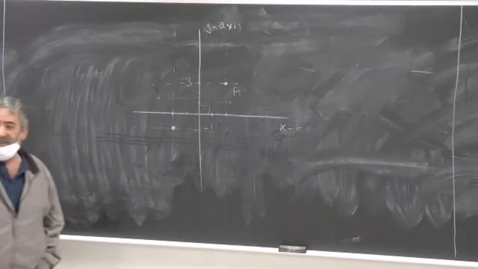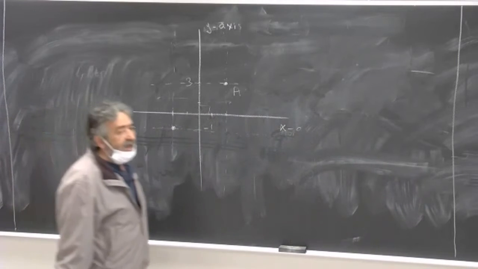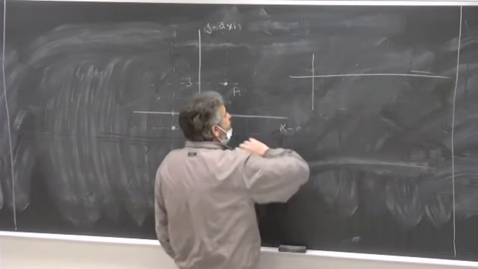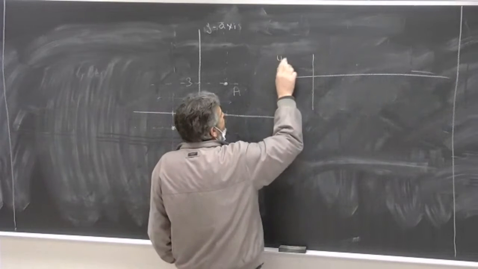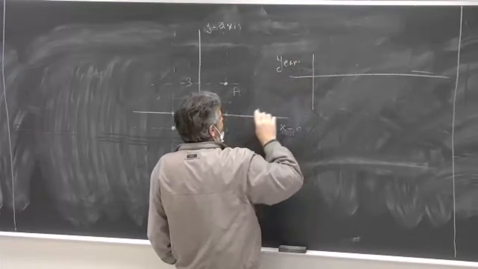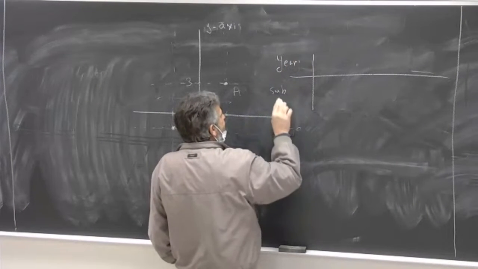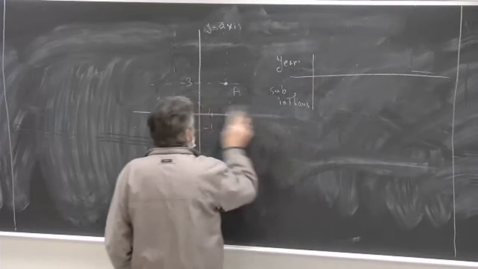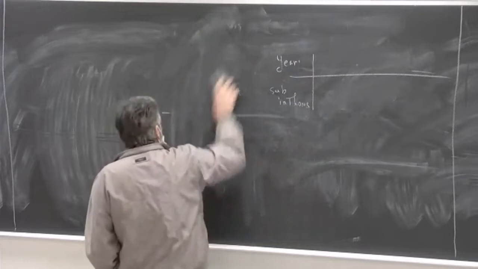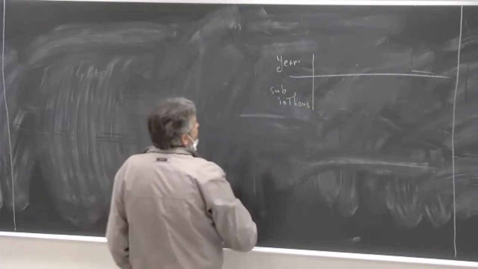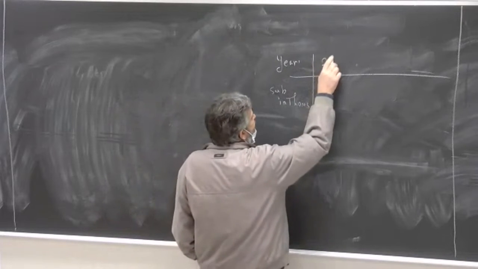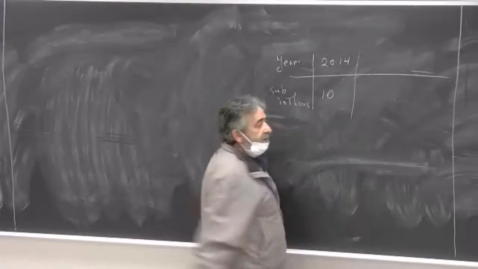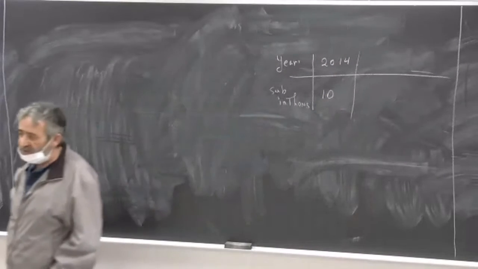Let's make a representation. For instance, let's say we have a magazine company and they give subscriptions to people, and in years, and then this is the subscription, and let's say these are in thousands. Let me erase this line. I'll put it back when I need it. And let's say, for instance, in the year 2014, the company had 10,000 subscriptions.